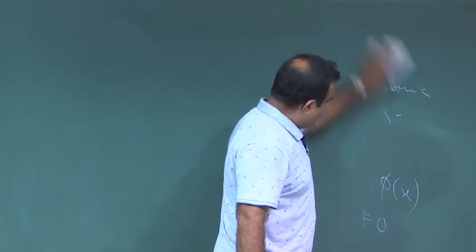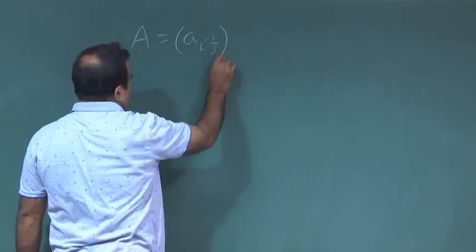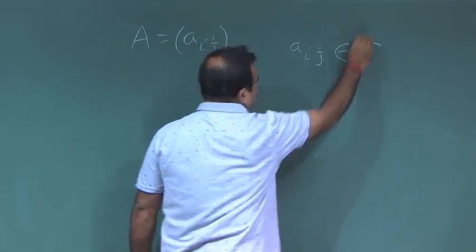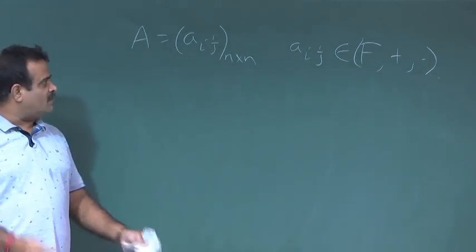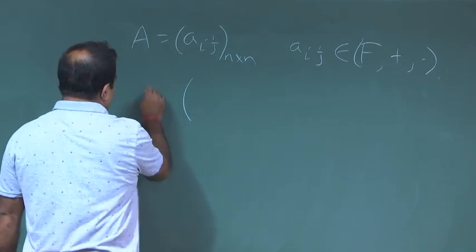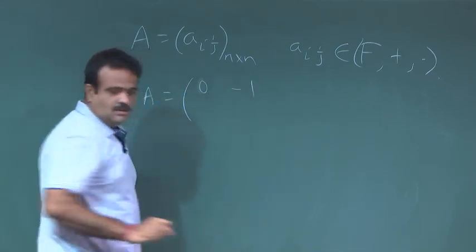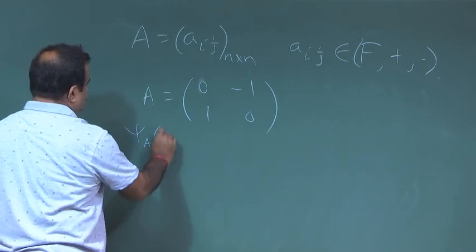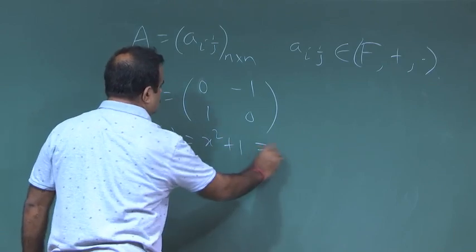this lambda may not be from the same field. So we have a matrix A, which is a square matrix, where A_ij is coming from a field. A_ij could be a real number or anything. So in the last class we have seen, if you take a matrix like this over the reals, 0 minus 1, 1 0, then the corresponding characteristic equation is x squared plus 1.